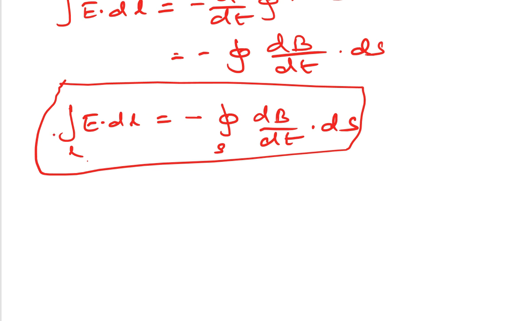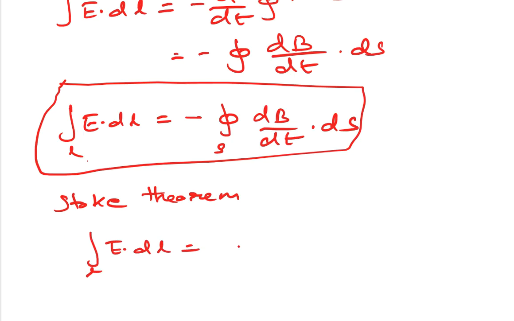Convert this: on the left hand side, by applying Stokes theorem, we can convert the line integral into a surface integral. So the line integral of E dl will become a surface integral of del cross E into ds.